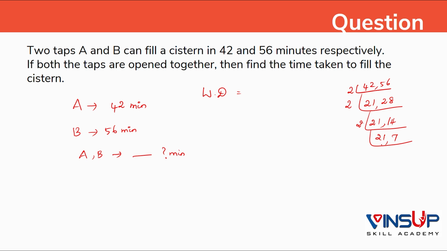Now 21 and 7 will not go with 2 table, so we will see 3 table: 21, 7 times, then 7 as it is. Then we take 7 table: 1, 1. So 2 2s are 4, 4 2s are 8, 8 3s are 24, 24 into 7, which is 168.